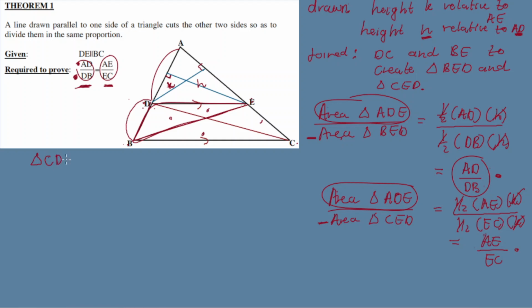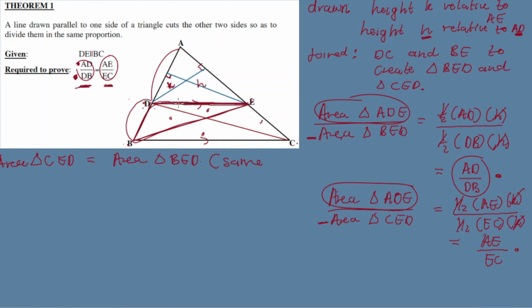The area for triangle CED is equal to the area for triangle BED. Why is that so? It's the same base. These triangles of ours share a common base.